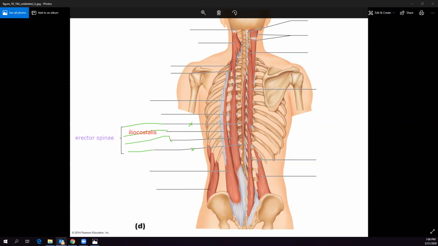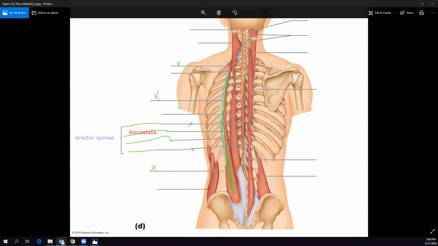Notice that the iliocostalis is this one that runs this whole way. If you notice on 203, there's a little section. So there's iliocostalis, and this is iliocostalis, and this is iliocostalis. It's the outermost muscle right here. I didn't do it in red because then you couldn't see it.